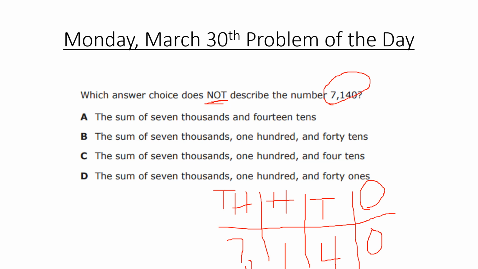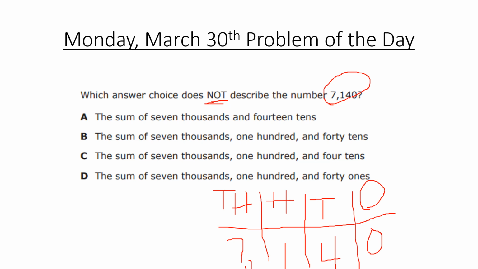Okay. Letter A, the sum of 7 thousands and 14 tens. Do I have a 7 in the thousands place? Yes, I do. 14 tens.